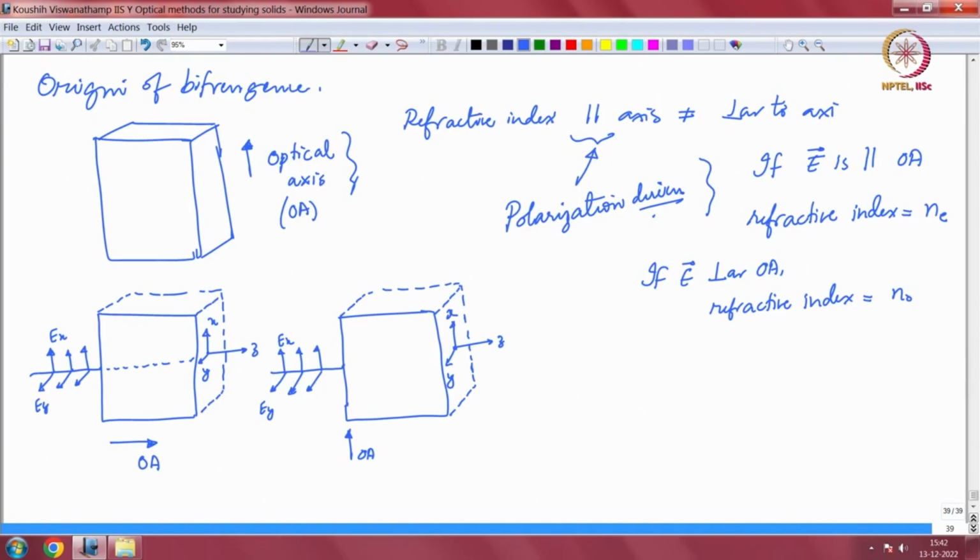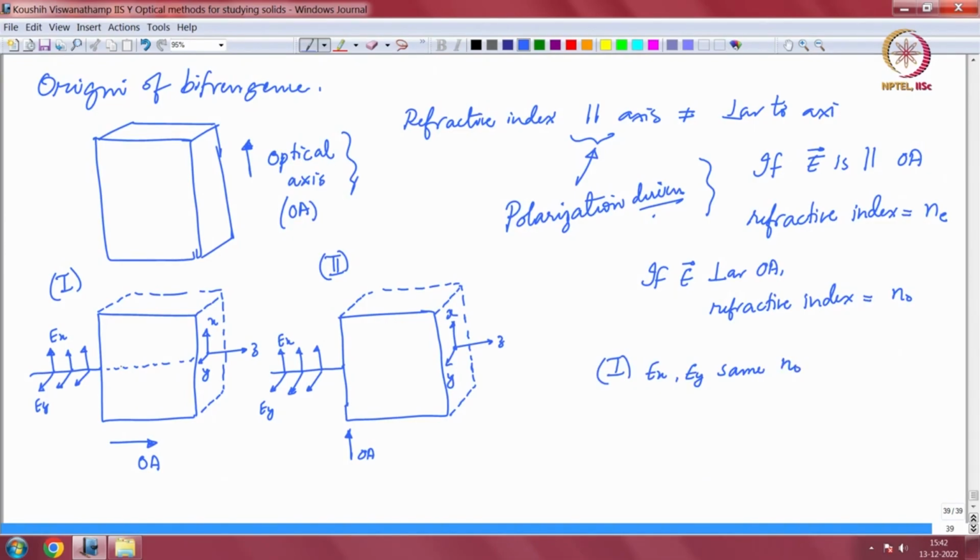Okay. So, if you look at case 1, this is case 2. In case 1, the Ex component and the Ey component have the same refractive index, which is nO, because they are both perpendicular to OA. Okay.